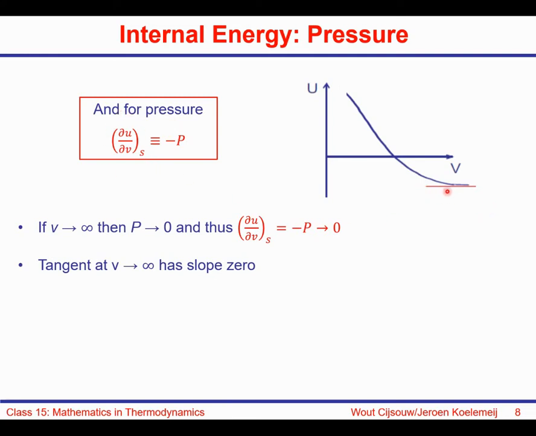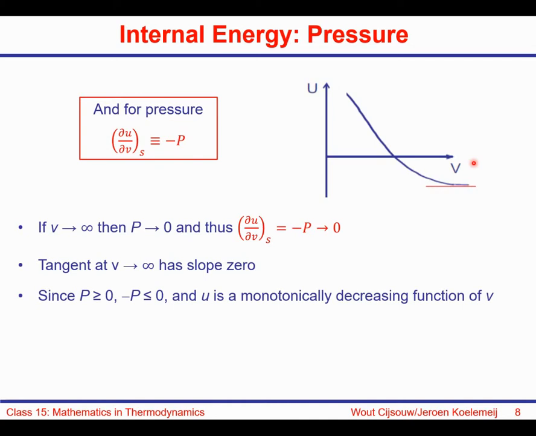And that's indicated here by this red tangent, which is valid for infinitely large volume. Now, we also know that the pressure is always larger than 0, so minus P is always smaller than 0, so the slope is negative, and in fact, U, as a function of V, is a monotonically decreasing function.